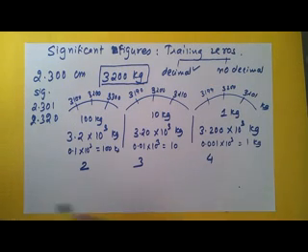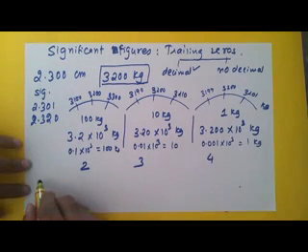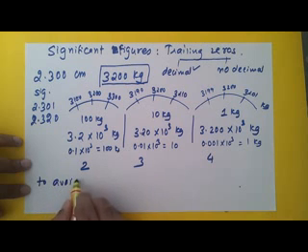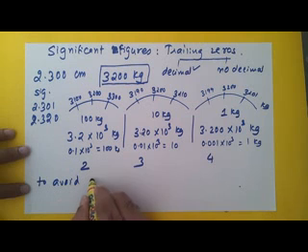With this, I'm coming to the end of this particular video. Just a final point before I wind up is that one of the main purposes of significant figures is to avoid over-representing the accuracy of measurement.